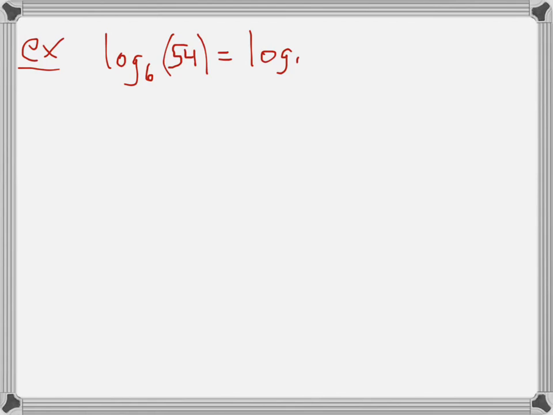Maybe I'm just feeling weird or lazy, and I realized that 6 is a factor of 54. And why 6? Because it's the base here, right? So I'm going to rewrite 54 as log base 6 of 6 times 9. Now, since I'm multiplying the two numbers in my log, I can add the two together.